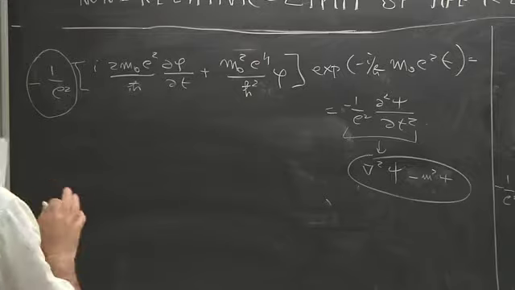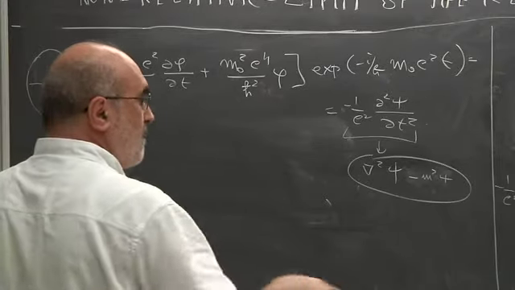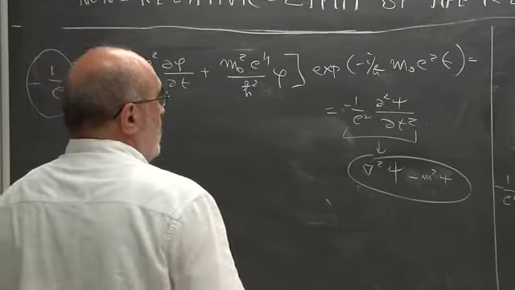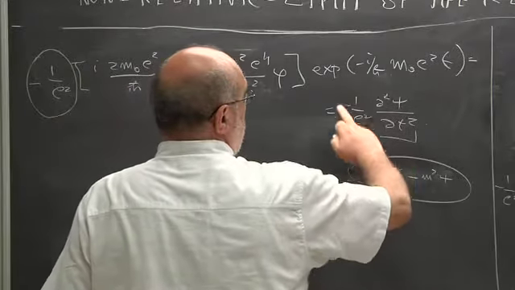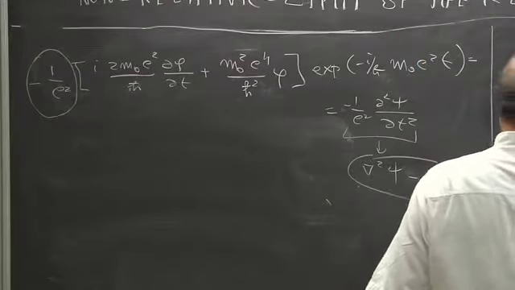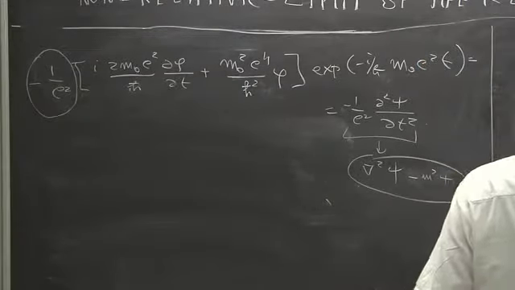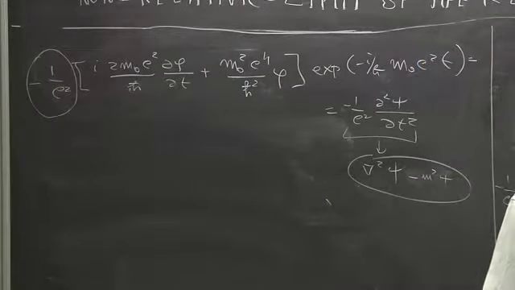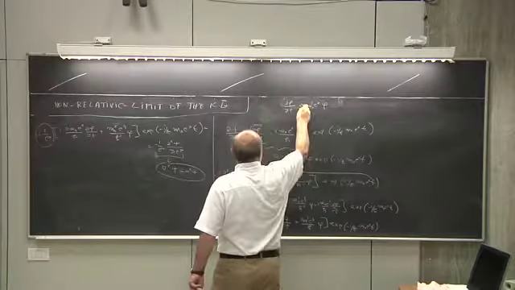So, summarizing, the important thing to grasp is that I have used here and here the relativistic limit. The relativistic limit tells me that d phi dt is much less than m0 c squared phi.